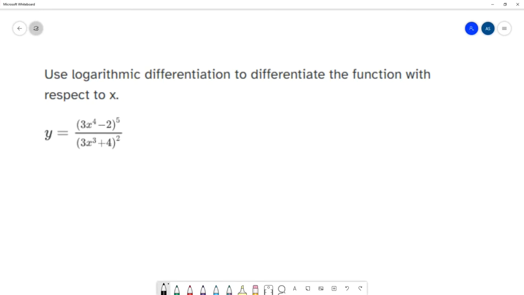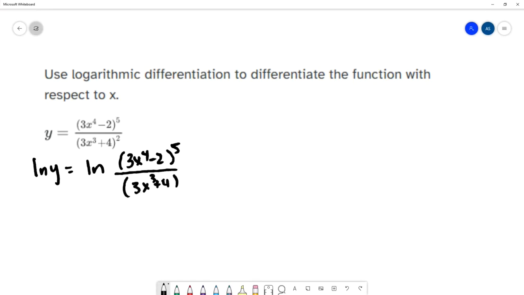So we want to use logarithmic differentiation. We're going to take the log of both sides first. I'm going to do natural log on the left and natural log on the right. We have (3x to the fourth minus 2) to the fifth over (3x cubed plus 4).